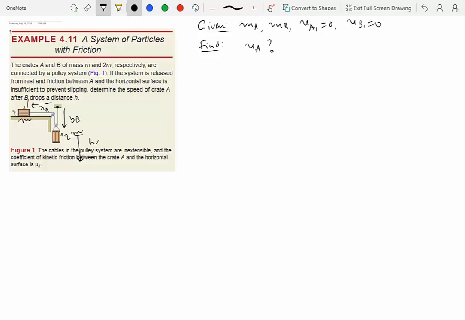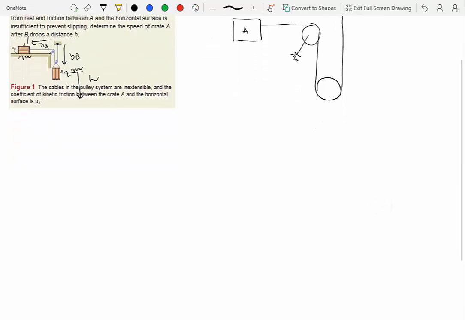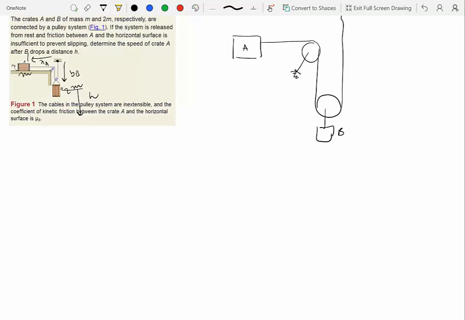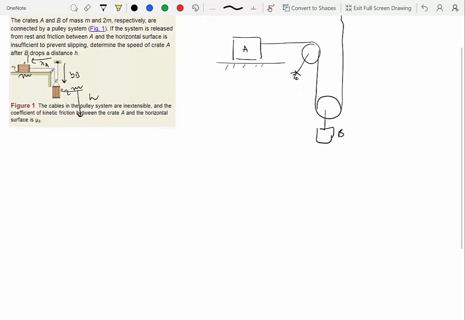So let me draw this a little bit bigger. So that's my A, and I have my pulley, which is attached here, another pulley going up, ceiling, and then I have B here. Okay, and A is resting on the surface.